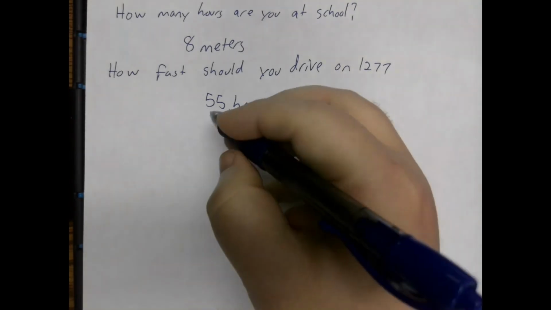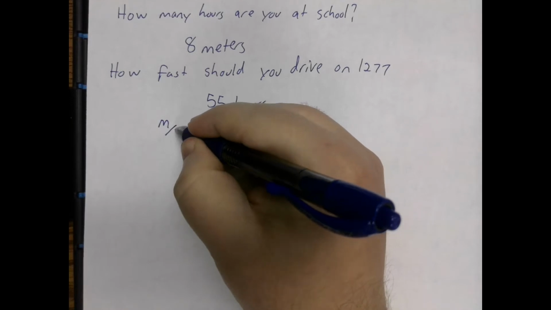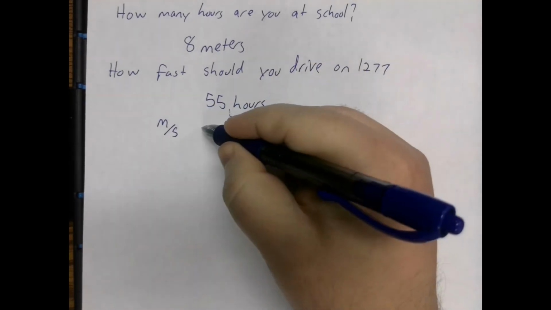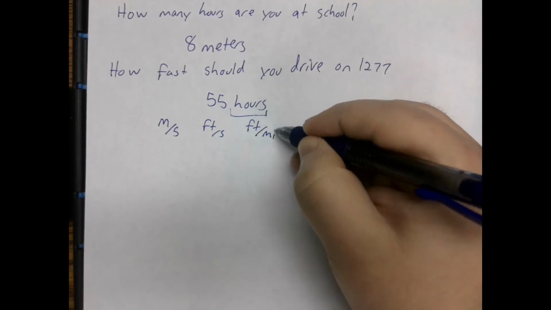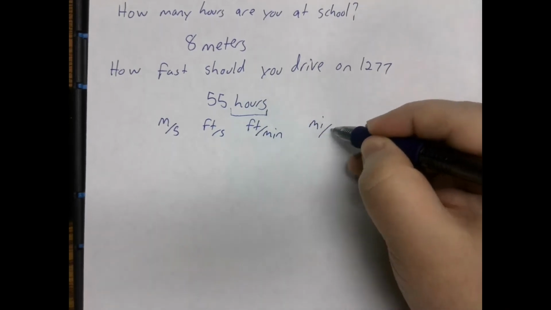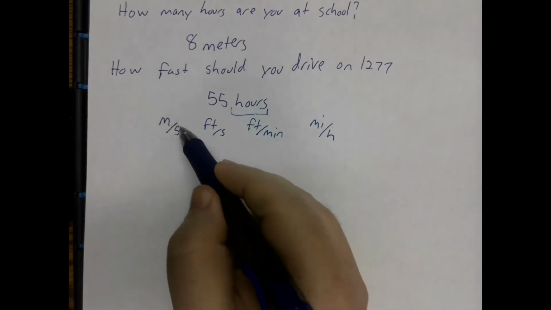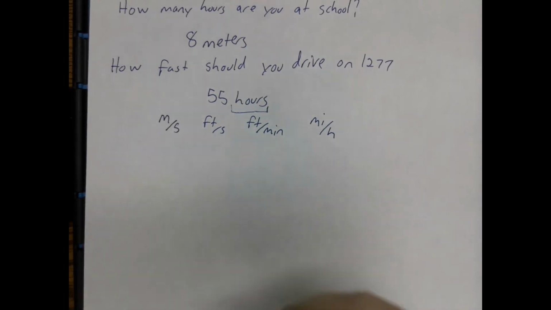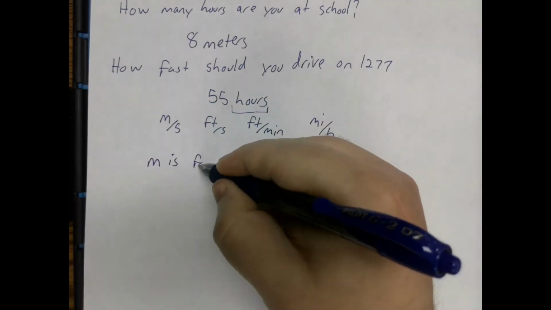So speed is going to be some distance unit over some time unit, such as meters per second, feet per second, feet per minute, miles per hour. So we're going to have some distance unit over some time unit. Also, M is for meters.